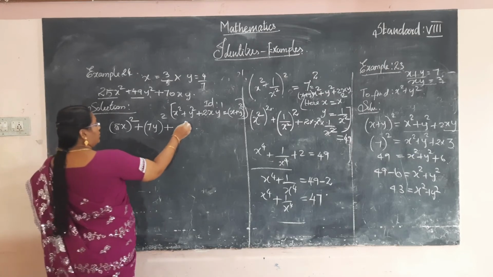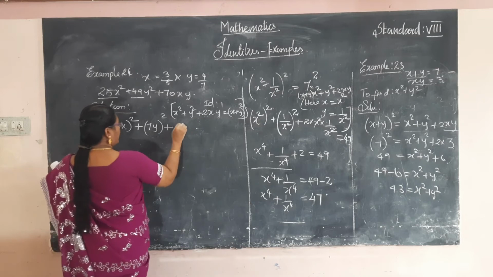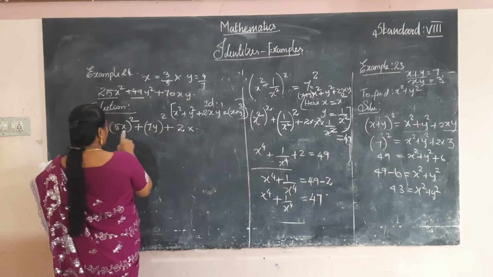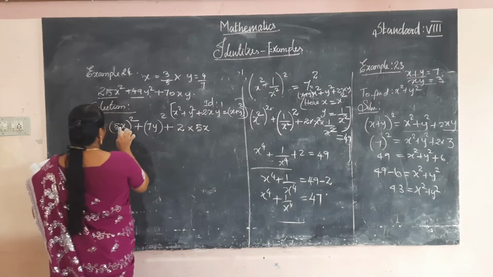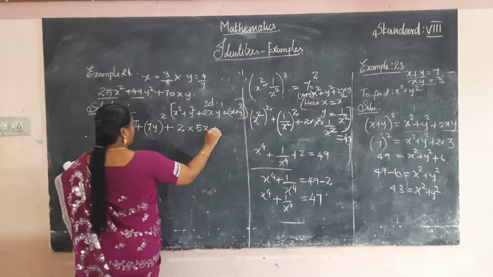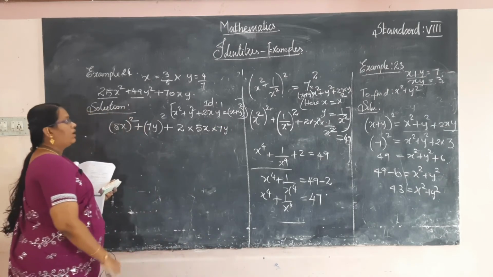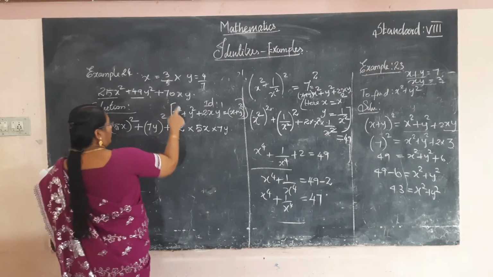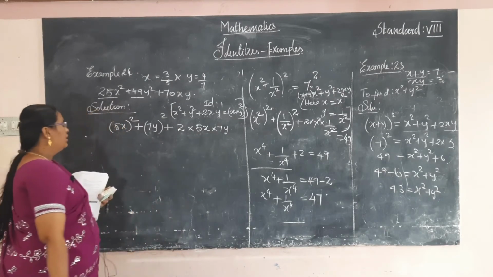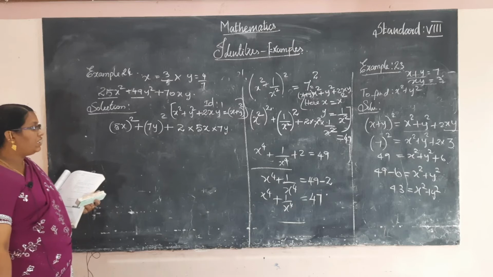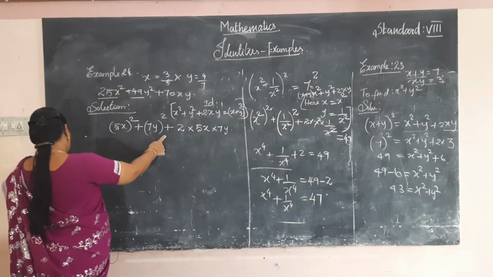So we have written the x square, y square, and next one is 2 into, what is the x value here? 5x into y value is 7y. Now multiply. 2 5s are 10, 10 7s are 70. So 70xy.